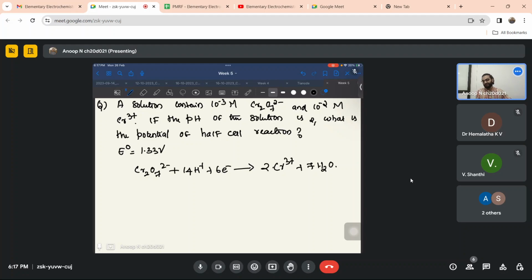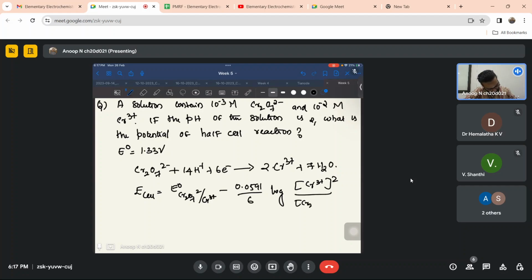How will we start? E is equal to E0 of Cr2O7 2 minus and Cr3 plus, minus 0.0591 divided by 6 log of concentration of Cr3 plus square divided by concentration of Cr2O7 2 minus into concentration of H plus raised to 14.